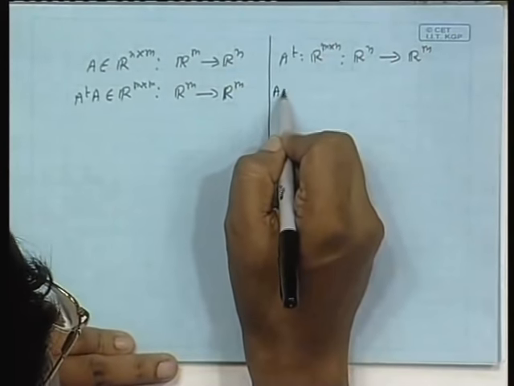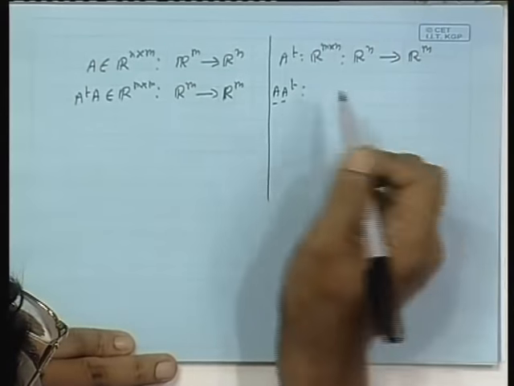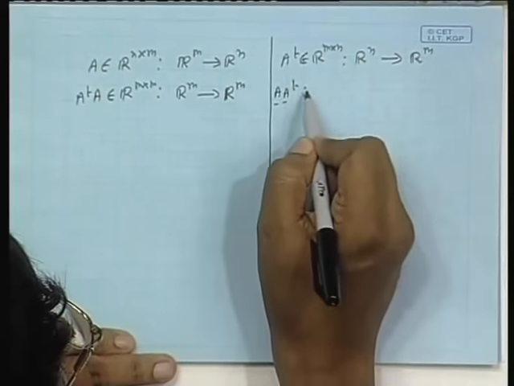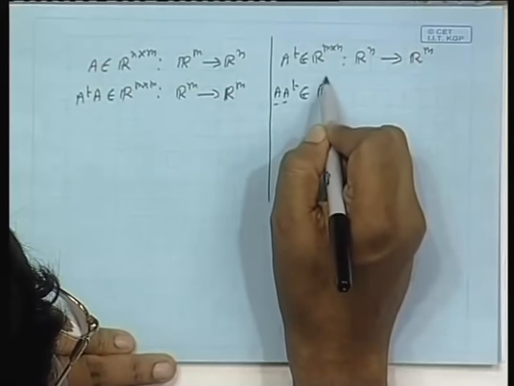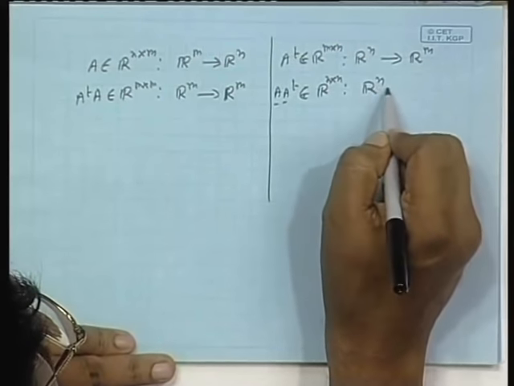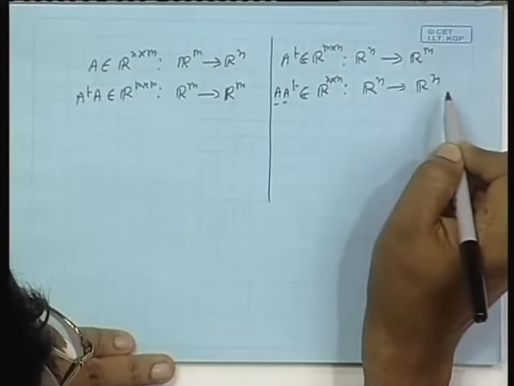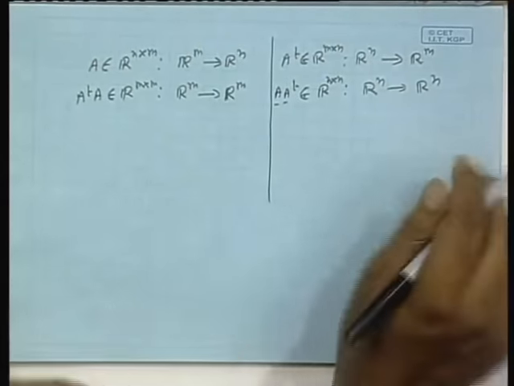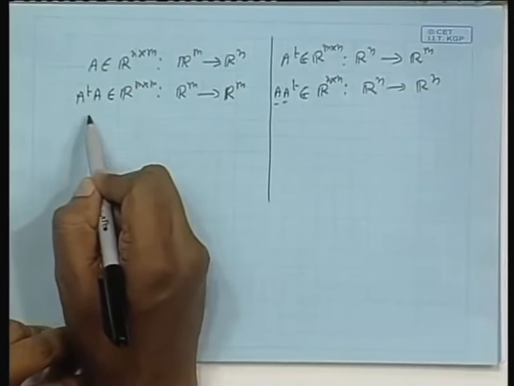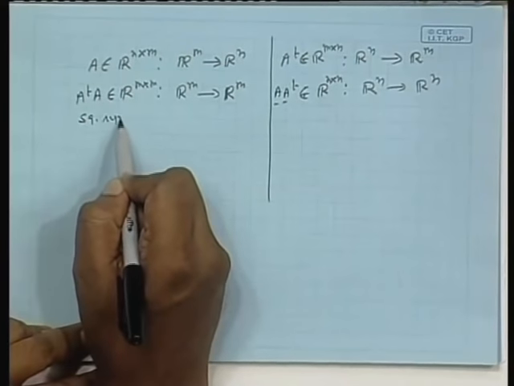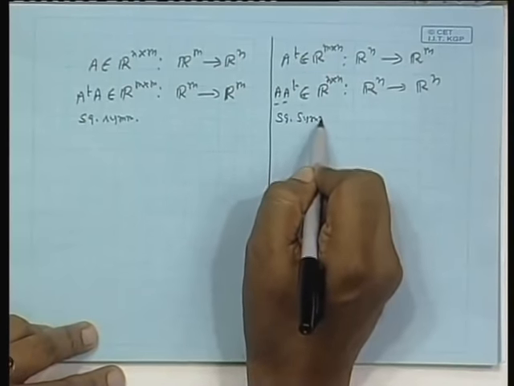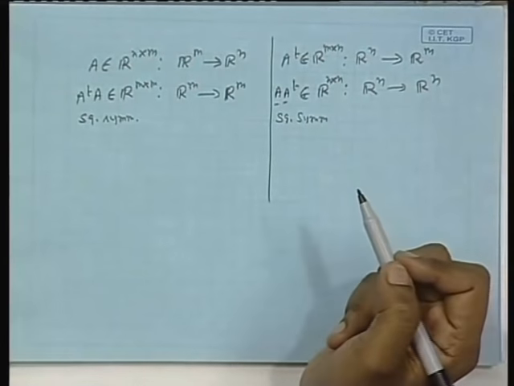Similarly, on this side, A A transpose is n cross n, and this maps R^n to R^n itself. These are all square, symmetric matrices. Real symmetric, Hermitian matrices actually.